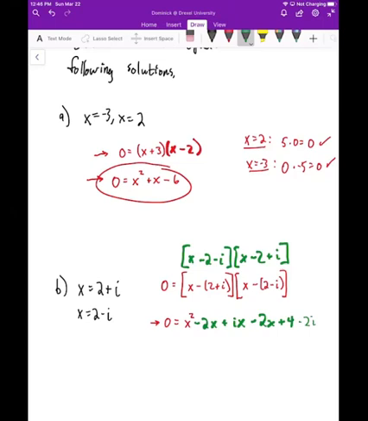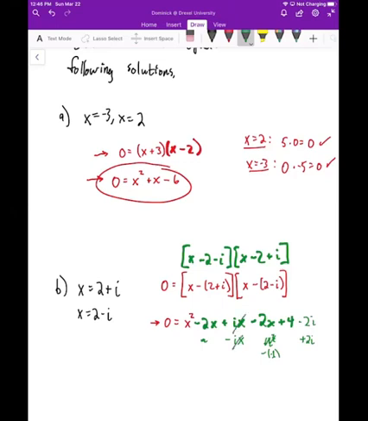And then finally, we get a minus ix again. Let's come over here. Minus ix. And we get a plus 2i. And then we get a minus i squared, which of course we know is minus a negative 1.